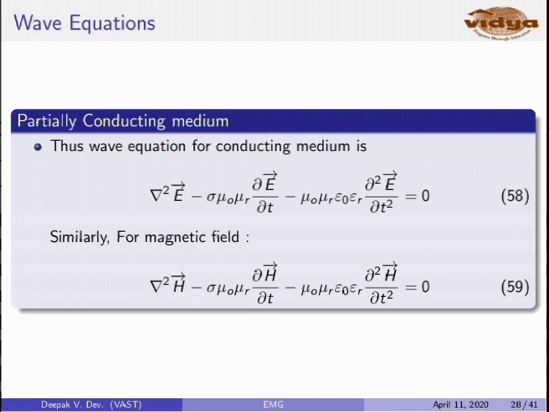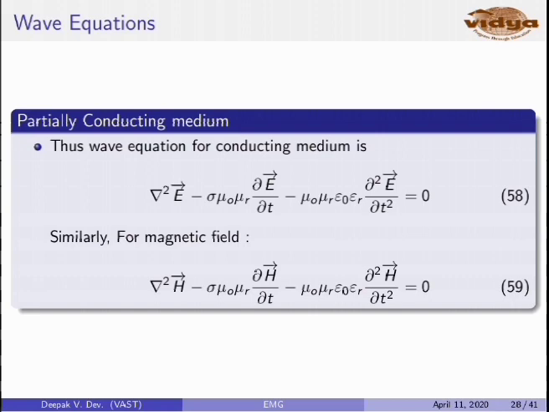When it comes to partially conducting medium, these two equations do not reveal much about the power dissipation in the medium. But if we convert them into phasor form, this will give much more idea about the power dissipation. So we will try to represent these equations in the phasor form.